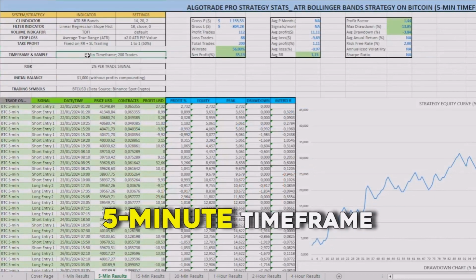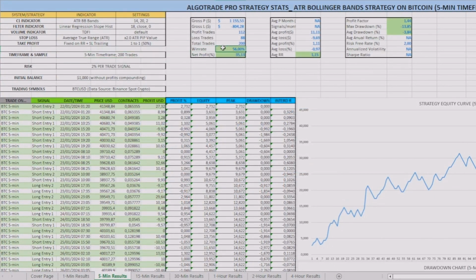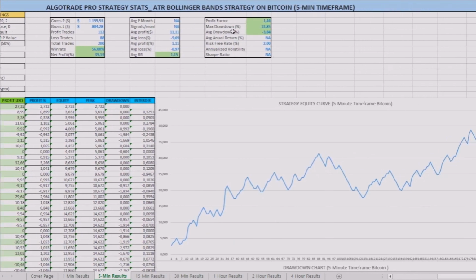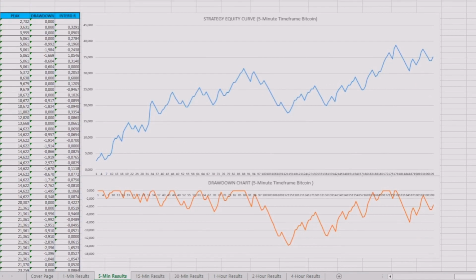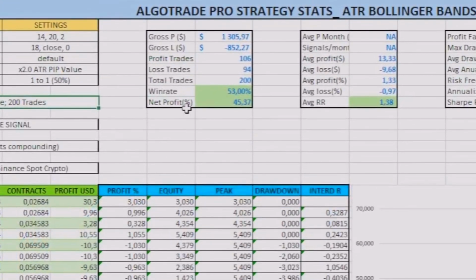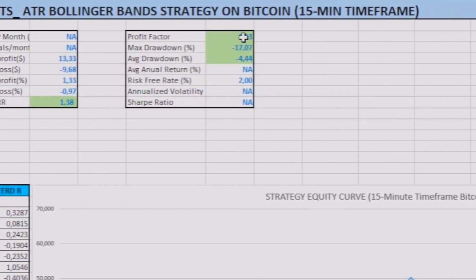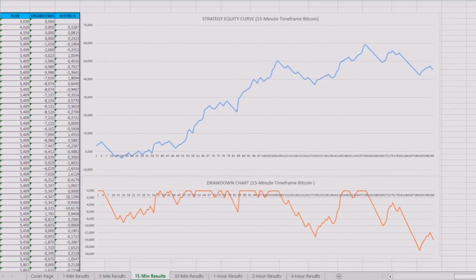Then on the 5 minute time frame, it achieved a 56% win rate with a net profit of 35%, a profit factor of 1.44, and the equity chart looks like this. On the 15 minute time frame, the win rate was also 53% with a profit of 45% and a profit factor of 1.53. The equity chart looks really good as well.